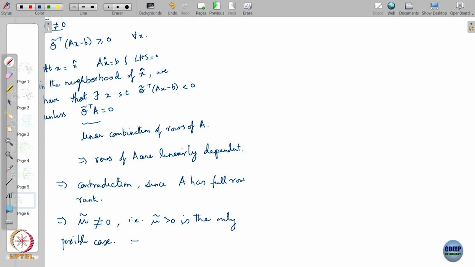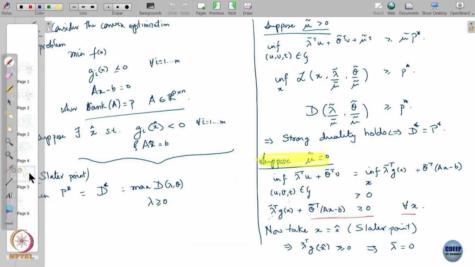And then strong duality holds. So the only possible case is where mu tilde is positive, and in that case we concluded that strong duality holds, and that is the proof.